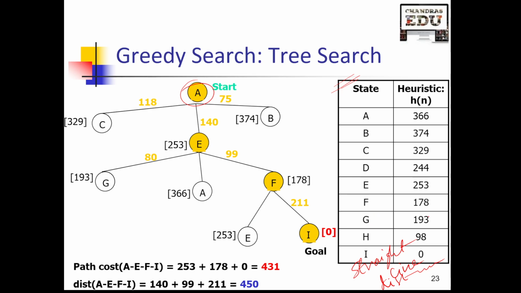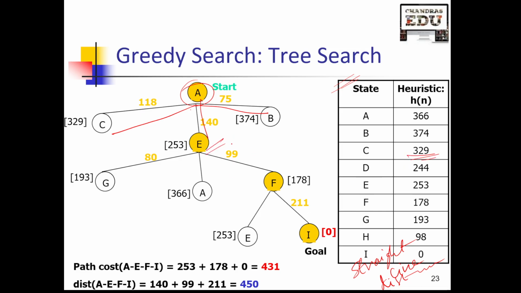From that point, we need to just see whichever node we can reach with the lower cost. We can see there is a path to C, a path to B, and a path to E. But we need to see from which node of C, B, E the straight line distance to the goal node is less. From C, 329 is the distance to the goal node.